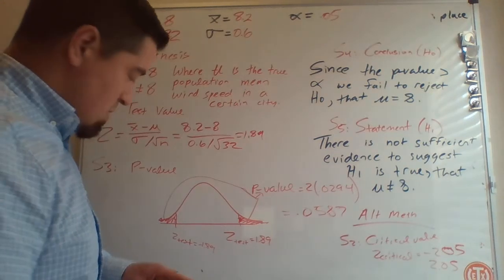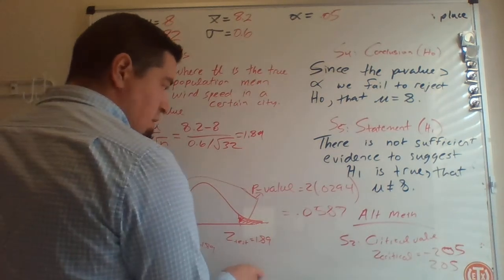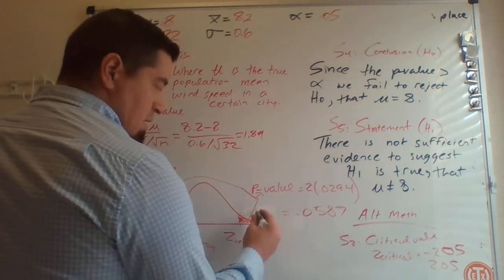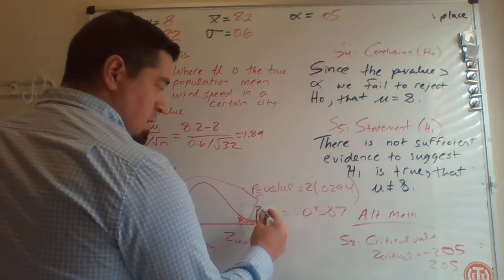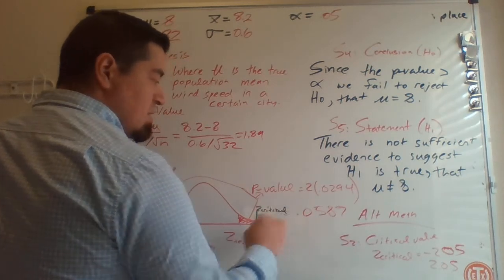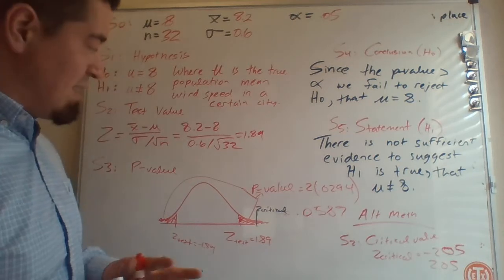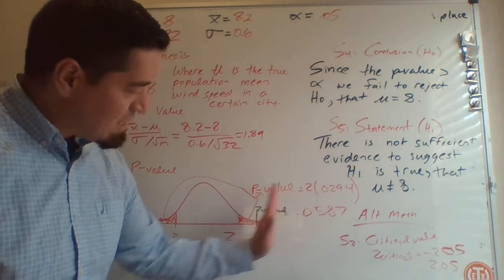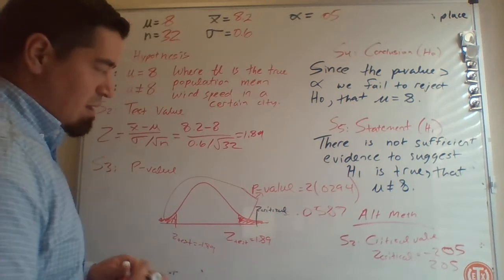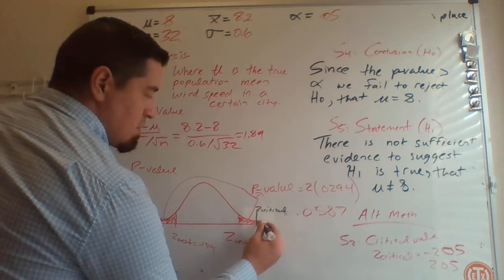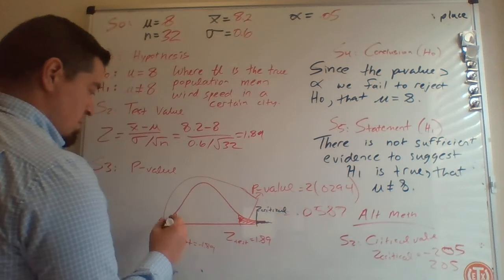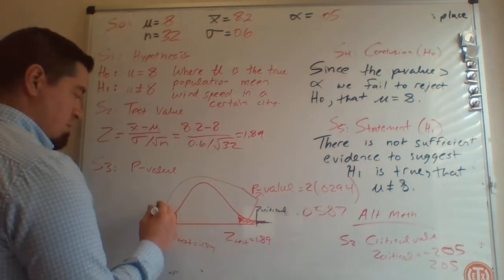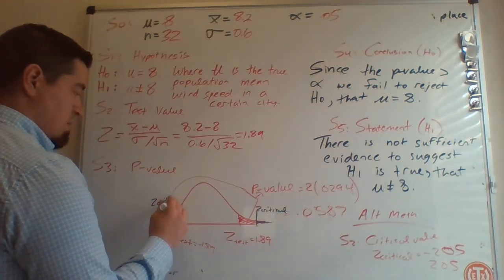So that it turns out that the Z critical would be somewhere out here, meaning under the critical value method, Z test does not fall in the critical region. Therefore, this would be the critical region, right? And then also over here on this side too, Z critical, because it's a two-tailed test.